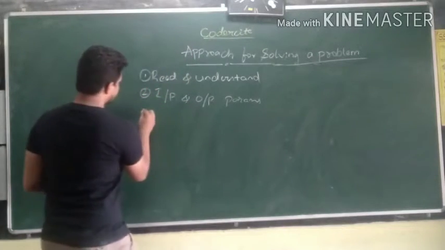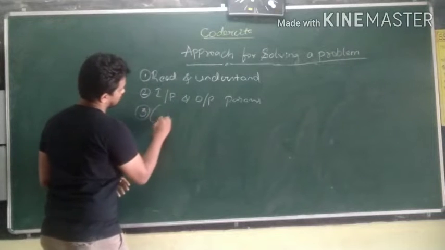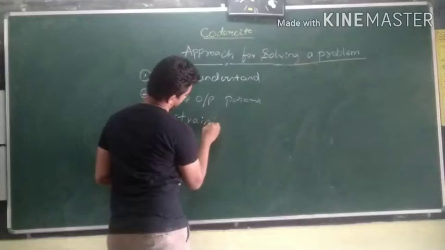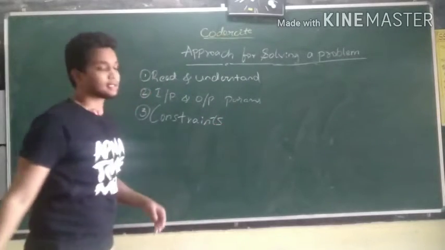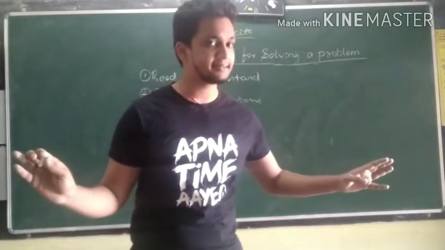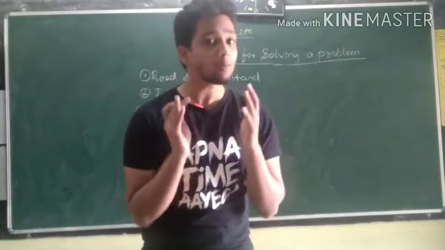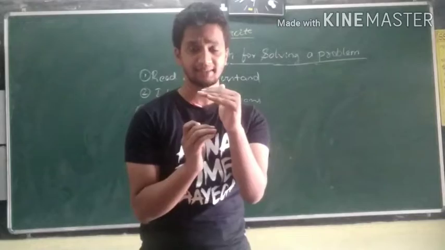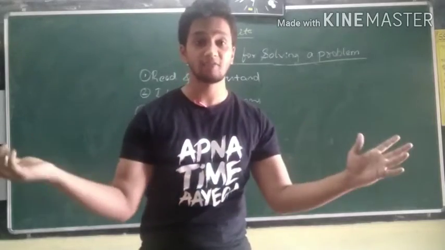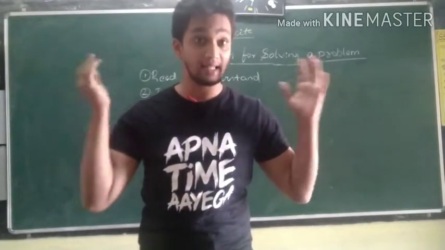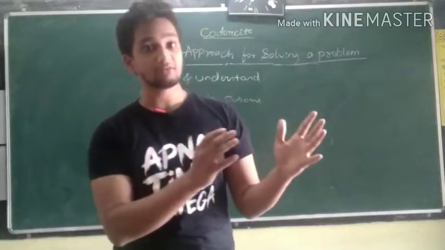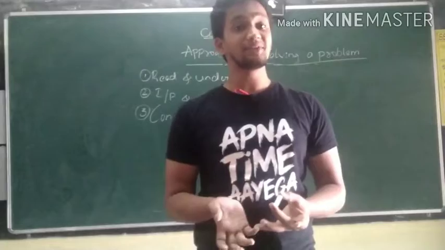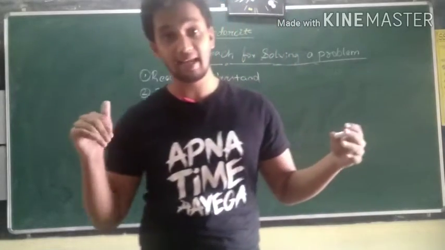Okay, next step is constraints. What are constraints? In each and every practice problem or competitive coding problem, you will have a block called constraints. It will mention the number of test cases, the range of the length of the list or array if it includes an array, and the range of the numbers in the array.